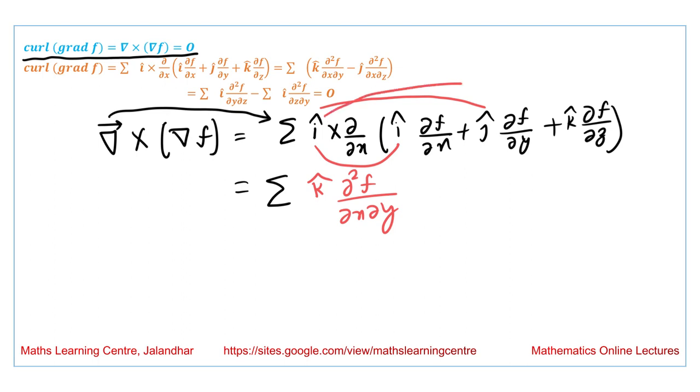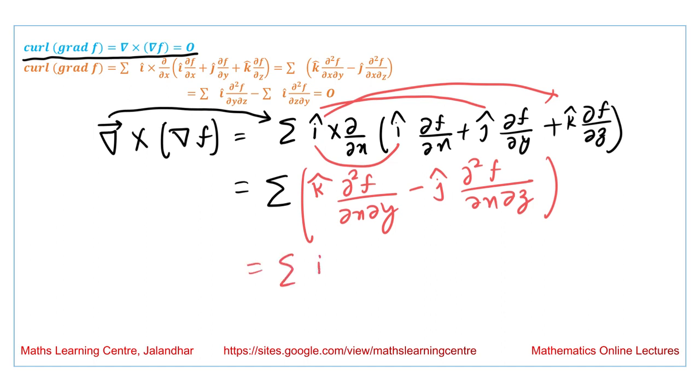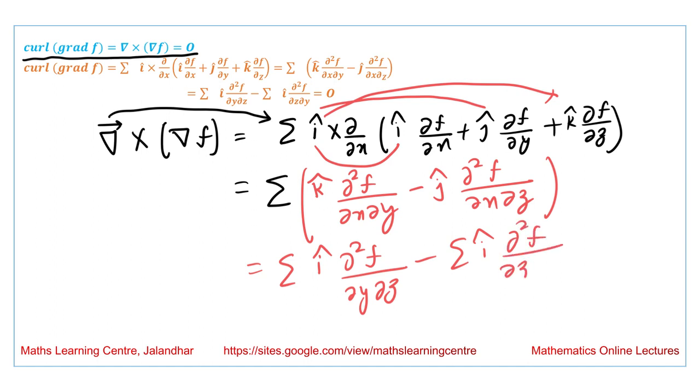Then the product of these two gives minus j cap, with sigma over there, and it is ∂²f/∂x∂z. Again writing the values in terms of i, we write i cap ∂²f/∂y∂z minus sigma i cap ∂²f/∂z∂y, and this is equal to 0.